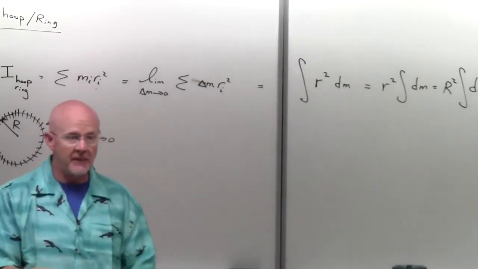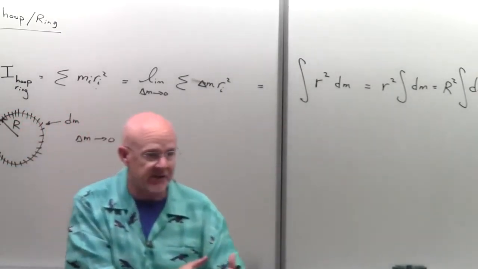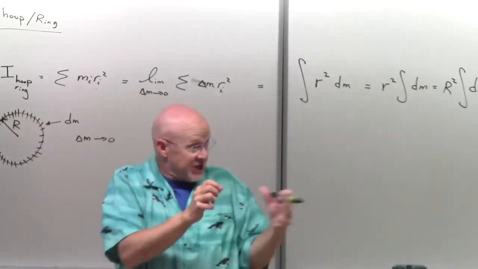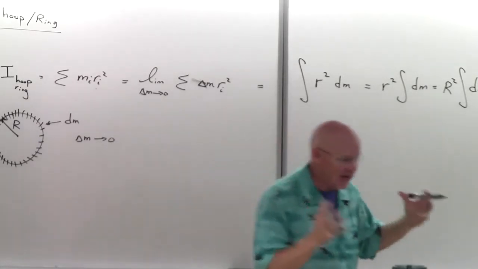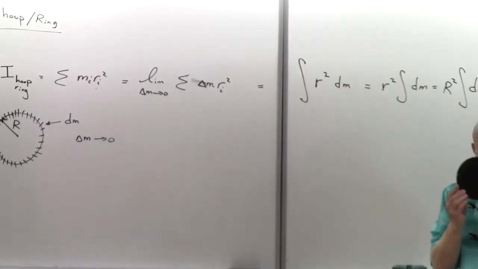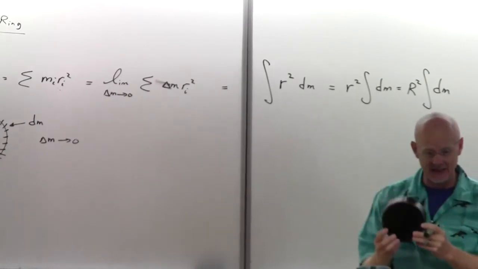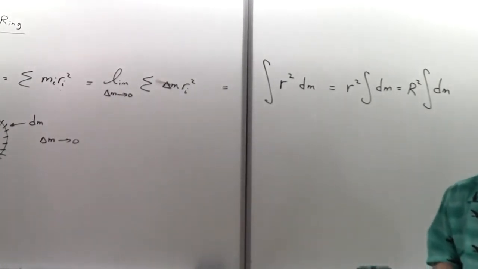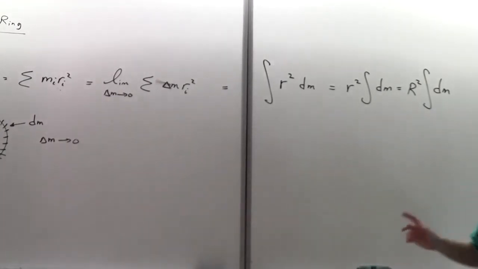The little r meant the position of that chunk of mass. But since it's a hoop, it's all at the rim anyways. That is not the case for a disk, as we will soon see. But this one, it is. In fact, it makes my calculus really easy to do.